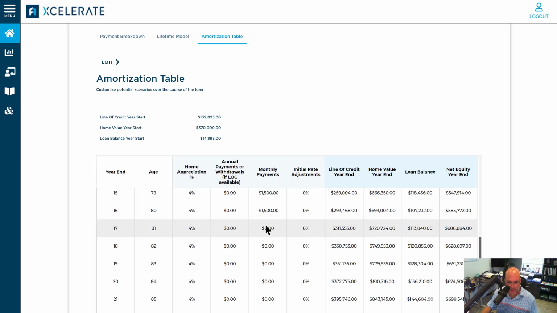So now we say, okay, let's see how long we can pull $3,000 a month off of this growing line of credit. And put $3,000 here. We're going to carry it down to, let's just go 10 years, just to see from 80 to 90 years old if we can get that much.